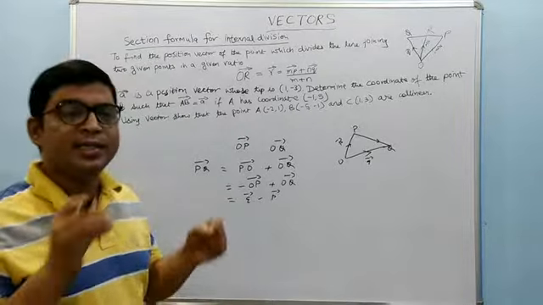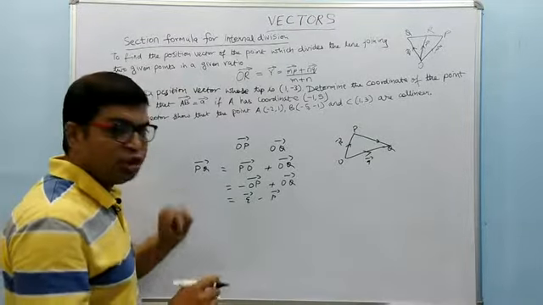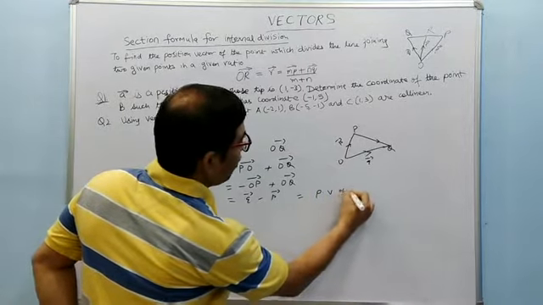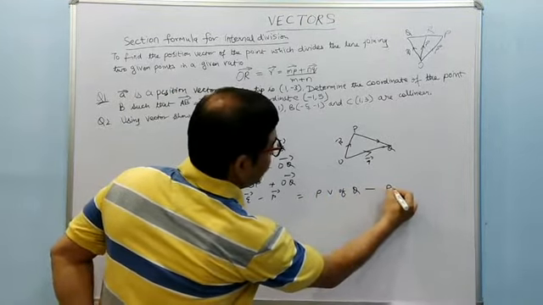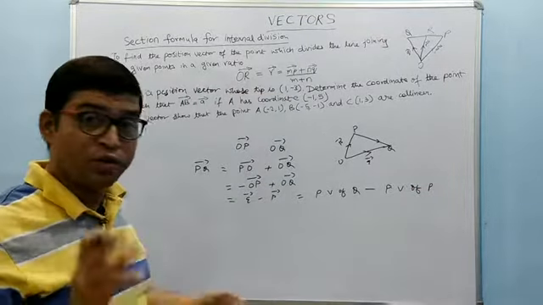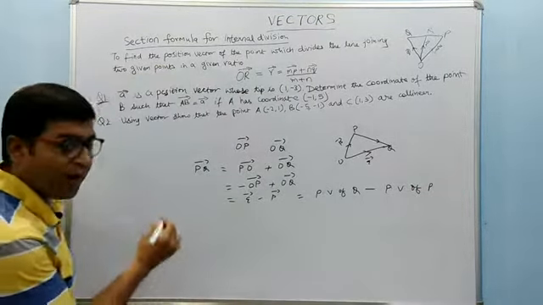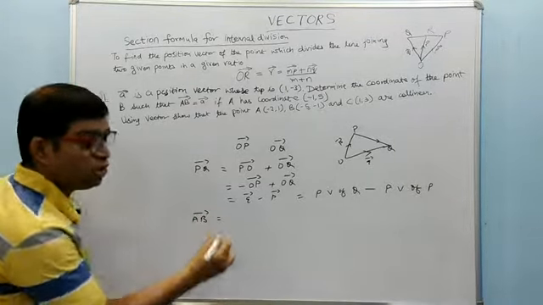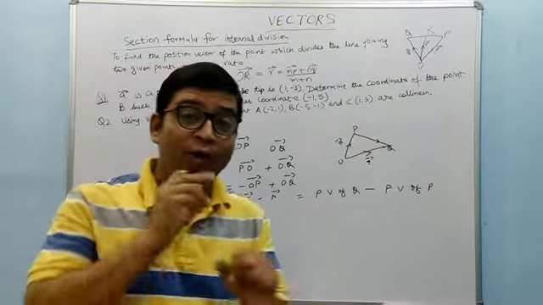So a very easy technique we are developing, that vector PQ means position vector of Q minus position vector of P. So I am asking one or two questions. See, if I have to find vector AB in terms of position vectors of A and B, how will you write?